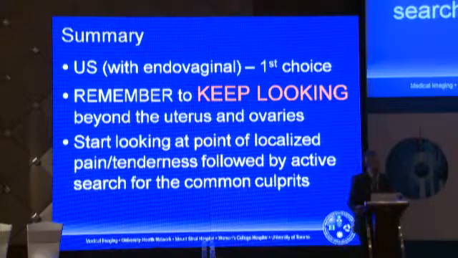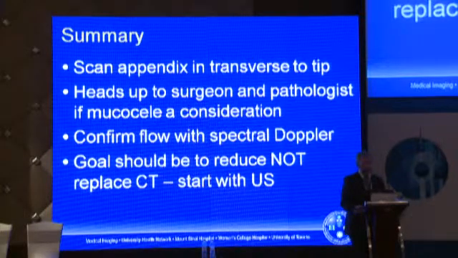So, just to summarize, ultrasound is the first choice. Remember to keep looking beyond the uterus and ovaries, and if you're looking for non-gynecologic causes, start looking at the point of localized pain or tenderness, and then a dedicated search for the common culprits: appendicitis, diverticulitis, renal colic.